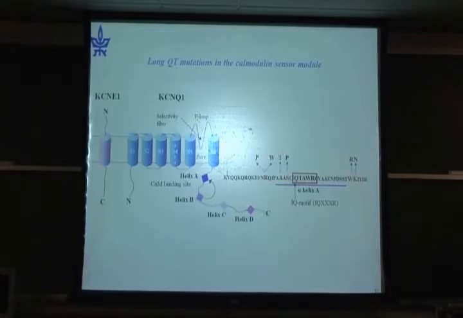Some of the long QT mutations are clustered within helix A and at the boundary of what we thought was helix A. I will show you later crystal structure data showing that helix A is much longer than what we expected according to the algorithm of predicted secondary structure. So we have a very long alpha helix, which is a prolongation of the S6 segment. It's a very long alpha-helical rod that represents this helix A.